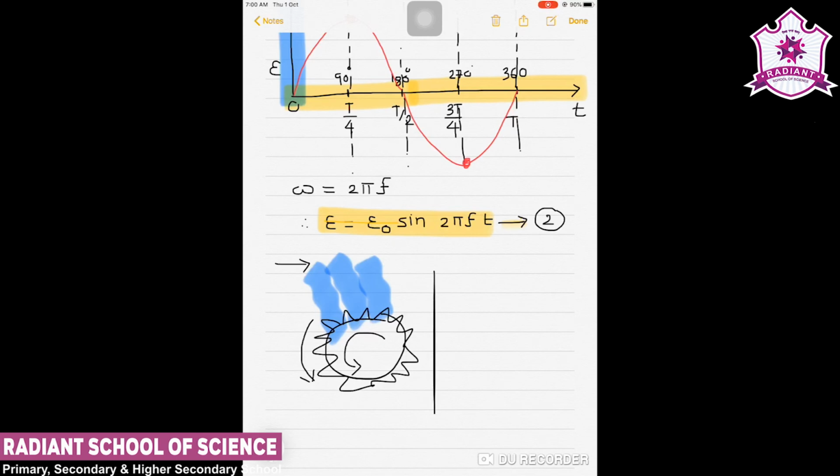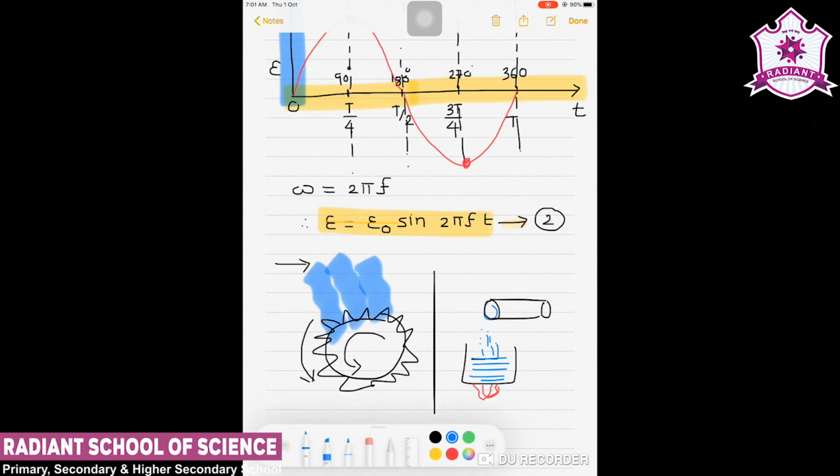Here is a very interesting thing: we heat up the water initially, and the vapors produced are pressurized and passed through a pipe, and the stream of steam is applied.